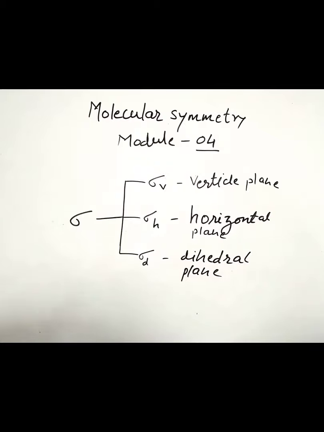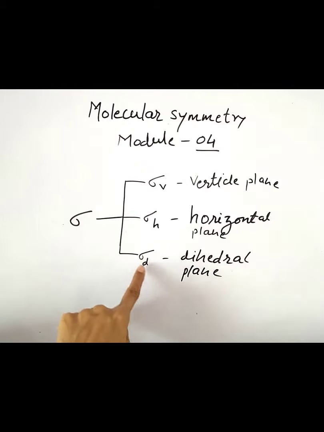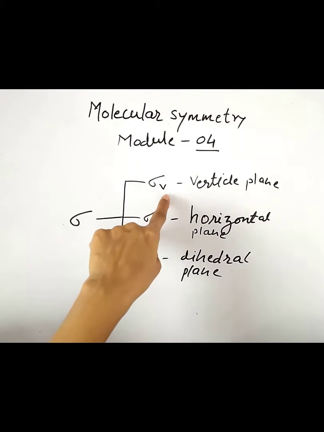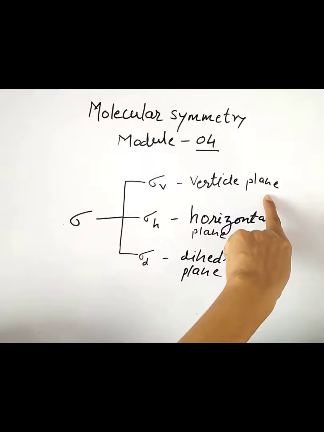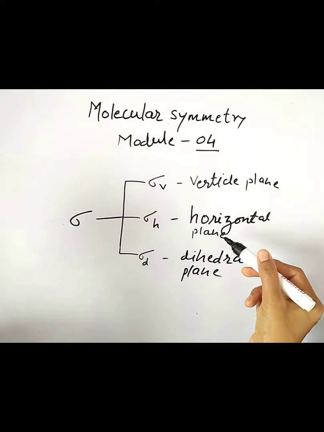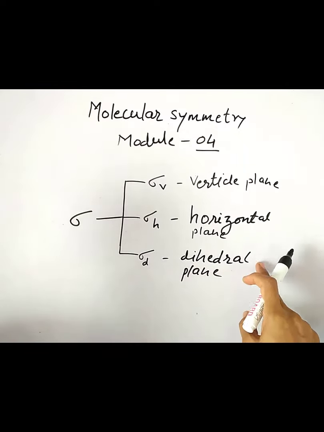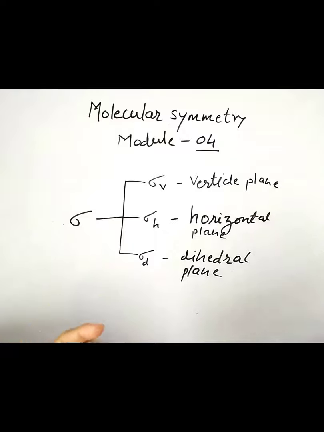Now in symmetry there are 3 types of mirror plane. This sigma is of 3 types: sigma V, sigma H, sigma D. Sigma V is called the vertical plane or vertical mirror plane. Sigma H is called the horizontal plane and sigma D is called the dihedral plane.